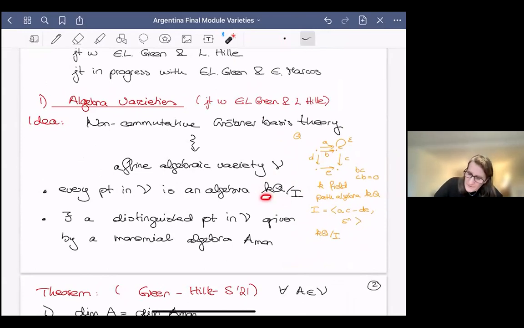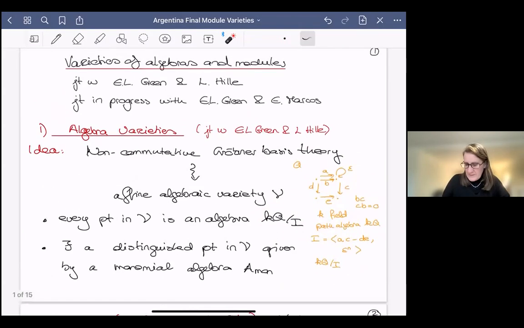Well, if your field K is algebraically closed, then there's a theorem that says that any finite dimensional algebra is Morita equivalent, which means has the same representation theory, to an algebra of the form KQ over I for some finite quiver Q and an ideal I.